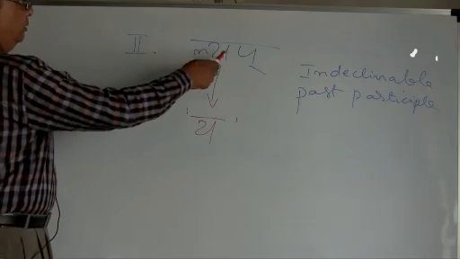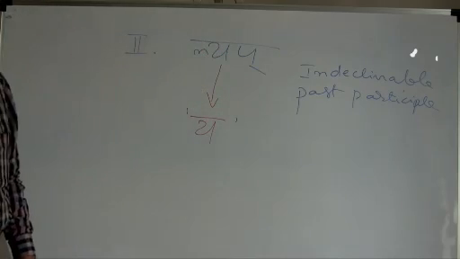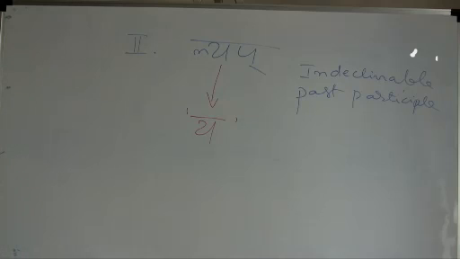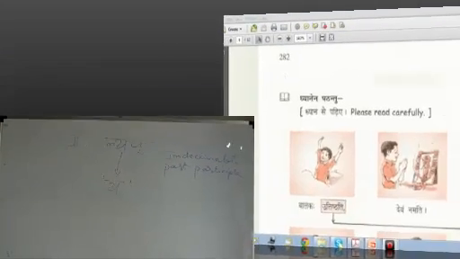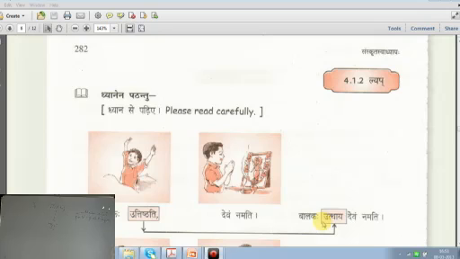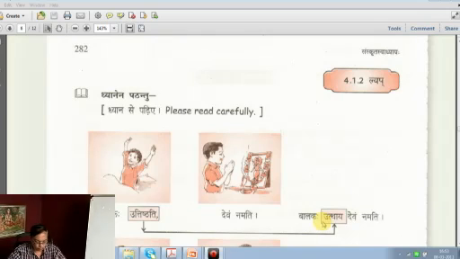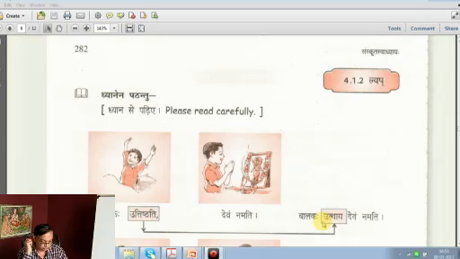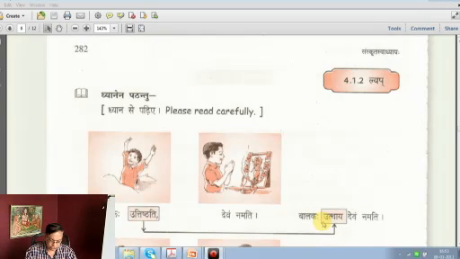Whereas l and pa will get deleted. We will see that lyabanta, and how to use this, the procedure is given here. Now you may see just two pictures are here to introduce this. Balakaha uttishtati devam namati.